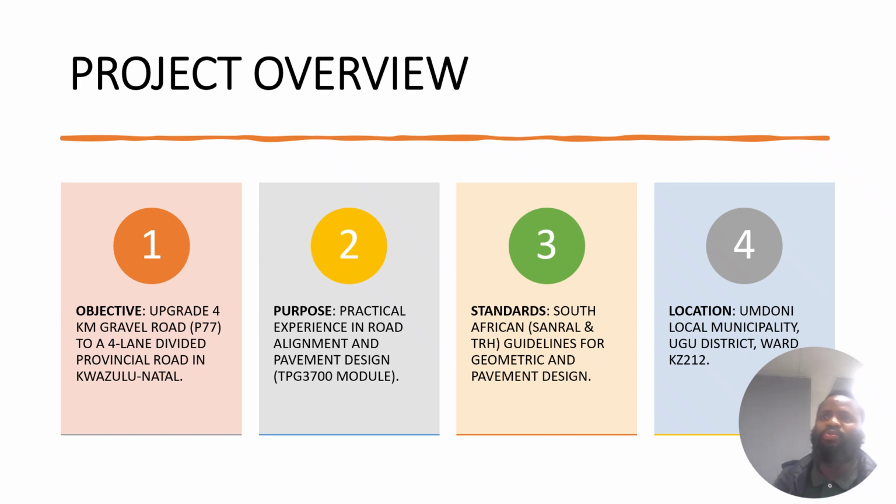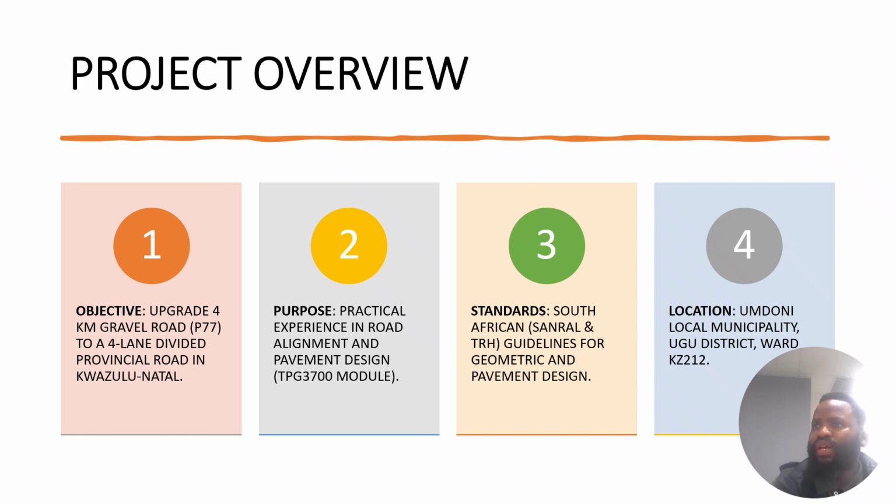The objective of this project is the upgrade of the 4 kilometer gravel road P77 to a 4-lane divided provincial road in the province of KwaZulu Natal. The purpose is practical experience in road alignment and pavement design, as well as the use of geometric design software in conjunction with the South African codes and standards.